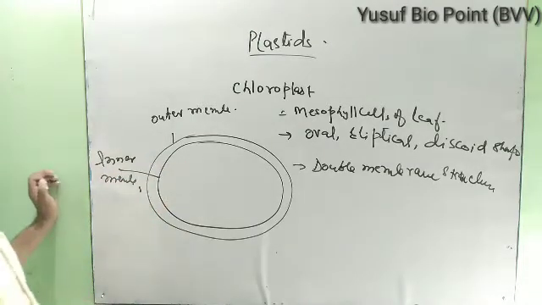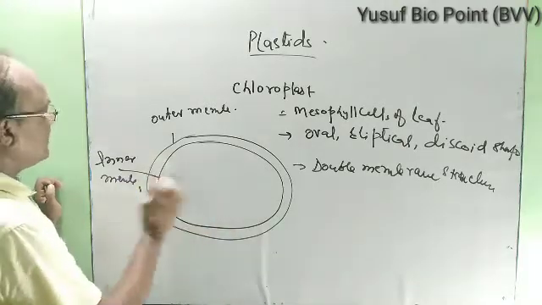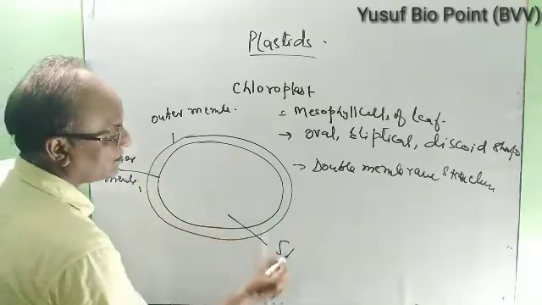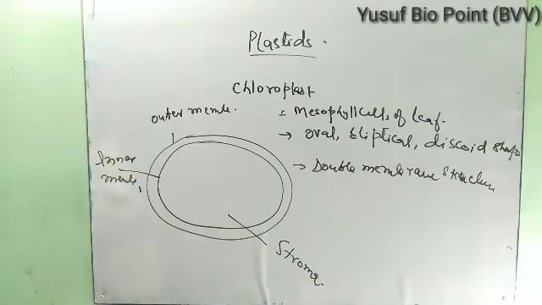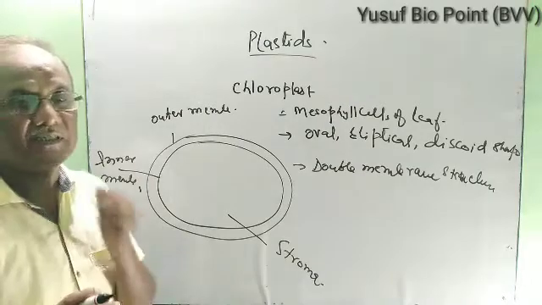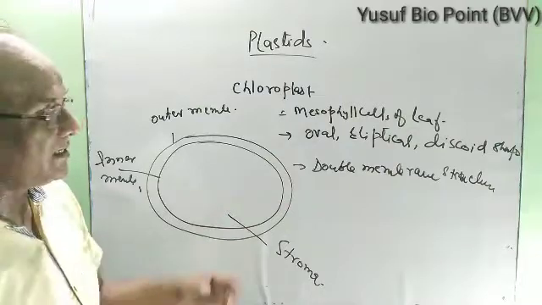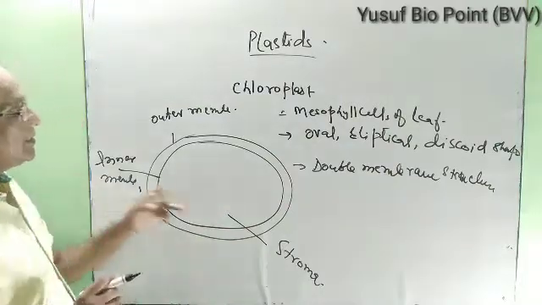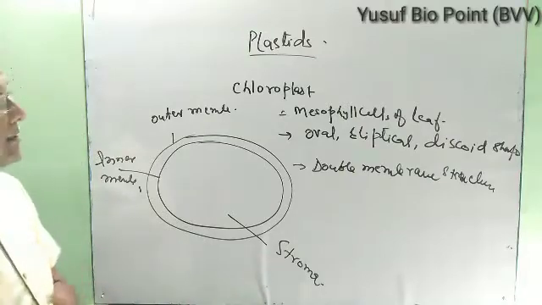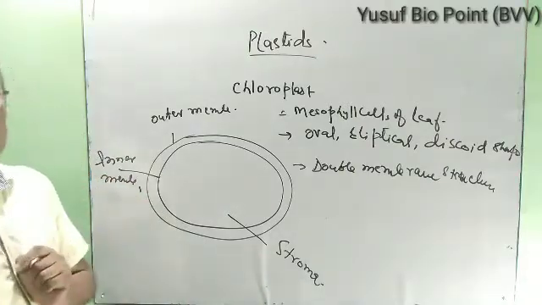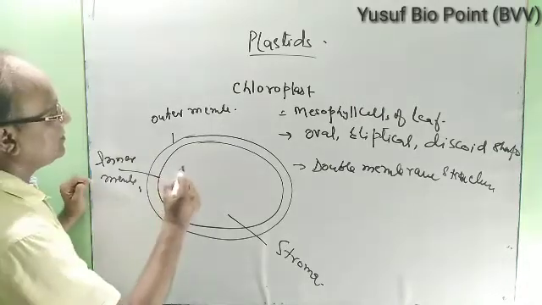And the inside is called stroma. In the stroma, we see that different types of enzymes, DNA, ribosomes, like that, are found. And in the stroma also some discoid or plate-like structures are found.